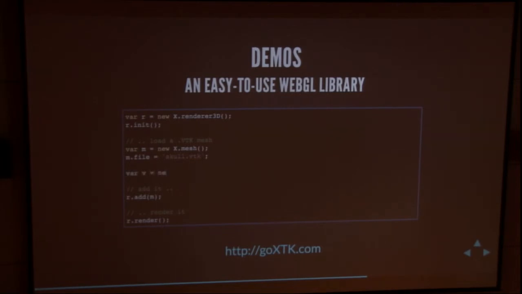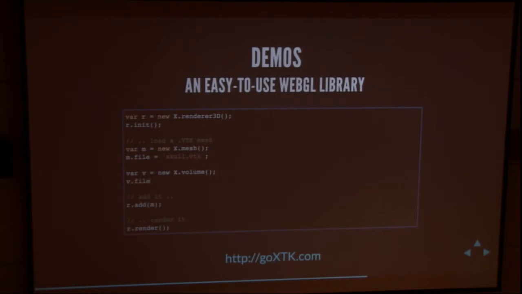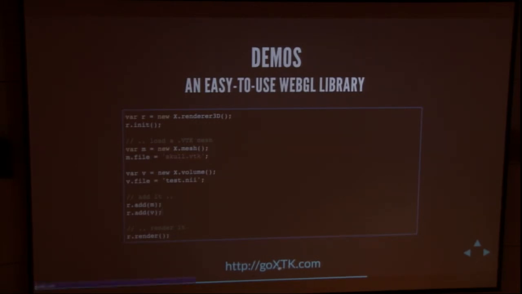You could load a volume, for example, new X.volume, v.file, and point it to a NIfTI file. And then add it as well, and it will show up rendered as well. The camera, everything gets set up for you, and there are some options. So that's an open source toolkit for doing WebGL imaging, and it's called XDK, goxdk.com.